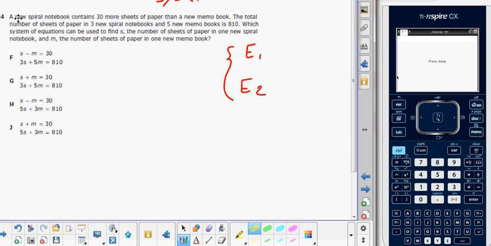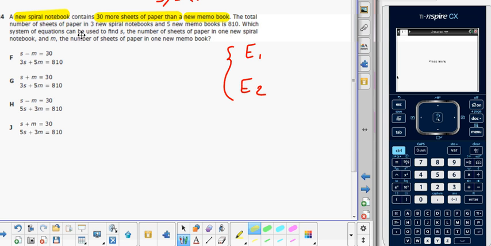So let's see. A new spiral notebook contains 30 more sheets of paper than a new memo book. The total number of sheets of paper in 3 new spiral notebooks and 5 new memo books is 810.